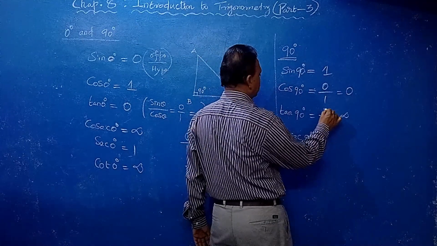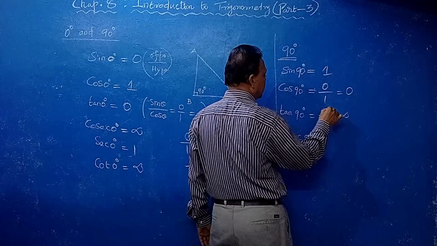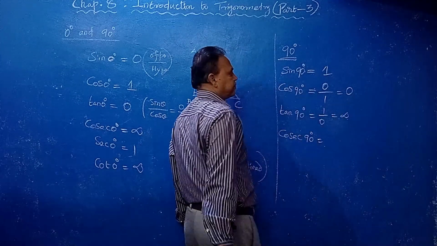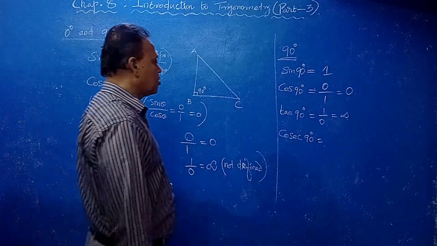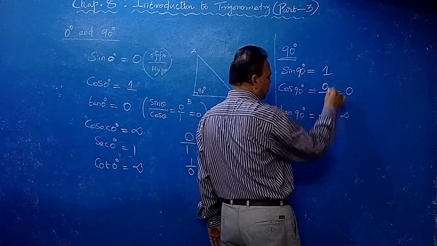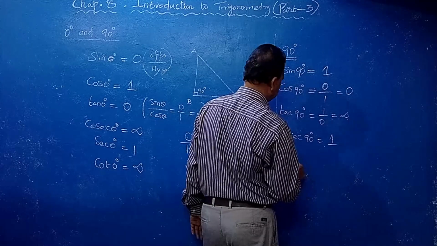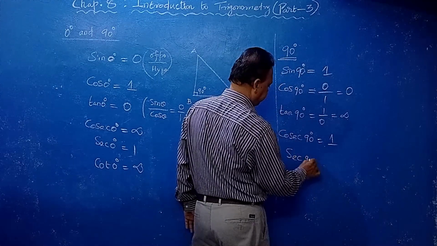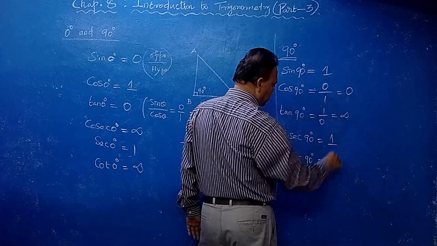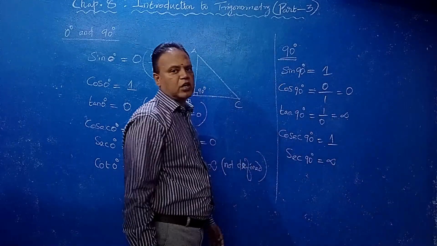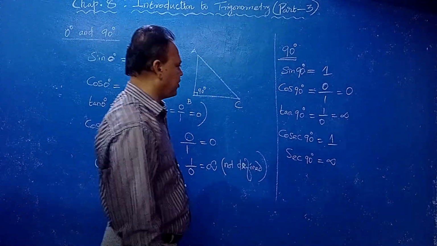Anything by 0 is not defined. Anyway, you can write cosec 90 as the reciprocal of this, 1 by 1 is 1. Sec 90. The reciprocal of 0 is 1 by 0, that is not defined.